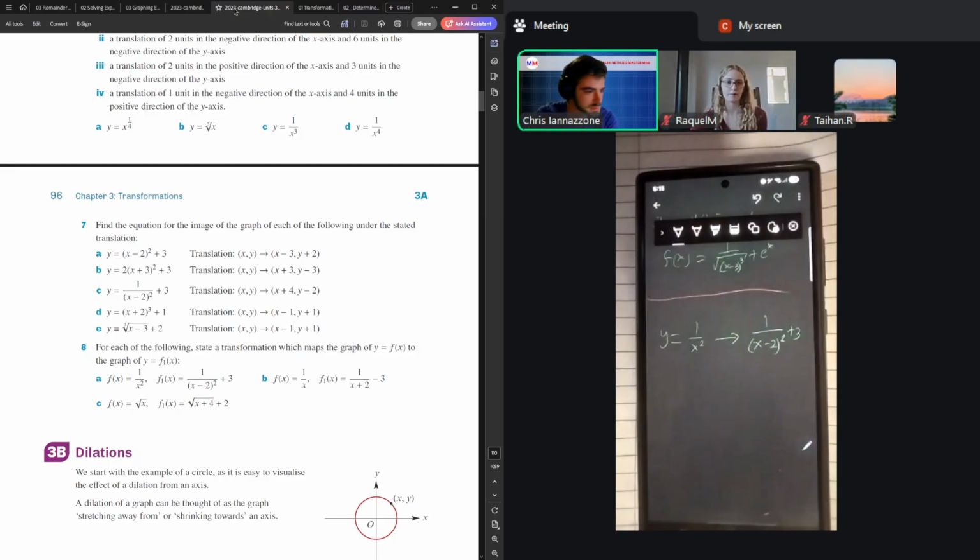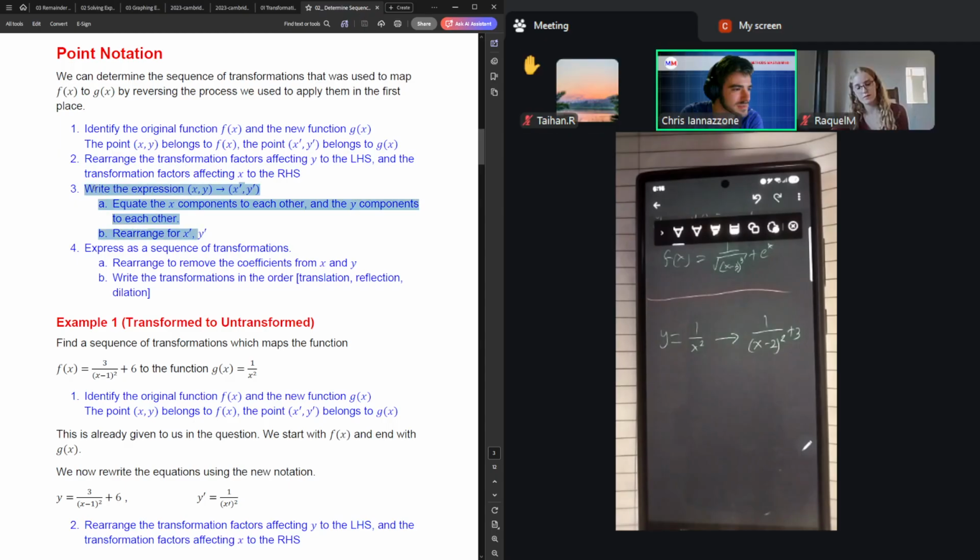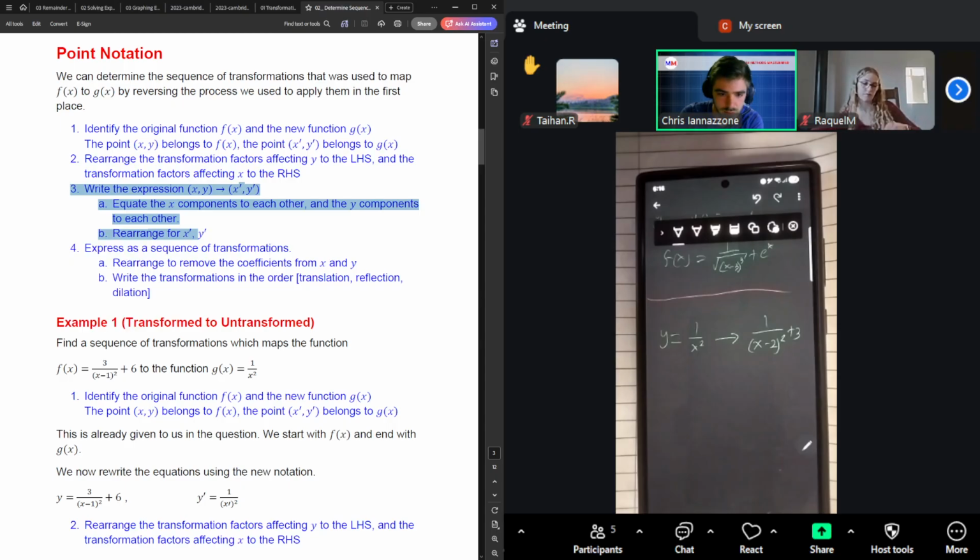Okay, so that's the goal. We're trying to get from one to the other and write that as a sequence, although technically speaking, this one here, you'll stop at question 3.